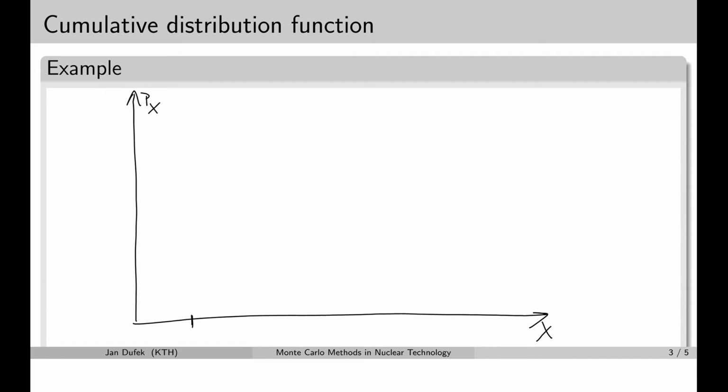So the reaction type number 1 was fission, reaction type number 2 was capture, and reaction type number 3 was scattering. And let's just assign the probability 50% to reaction type number 1 and probability 25% to reaction number 2 and 3.